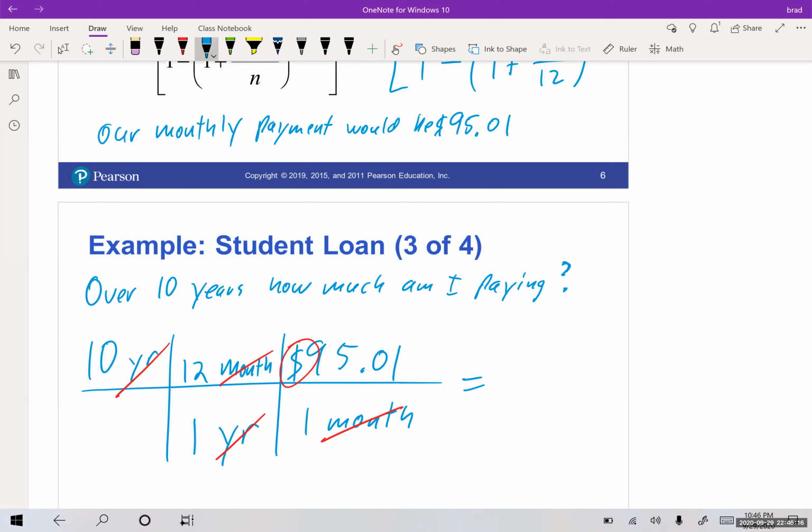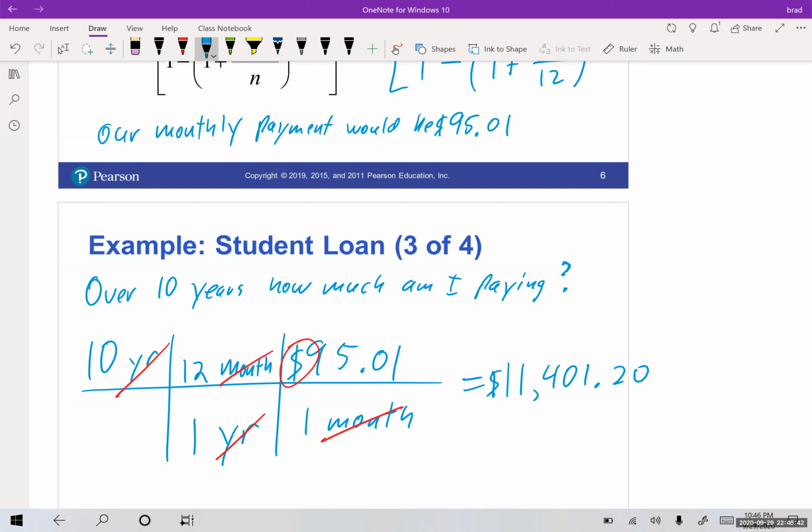Okay, so now let's take this out on our calculator. So we're going to do 10 times 12. Sorry, you guys, I'm going to use my home calculator, not the one on the screen, because you guys can do this multiplication. Times 95.01. And I get 11,401.20.